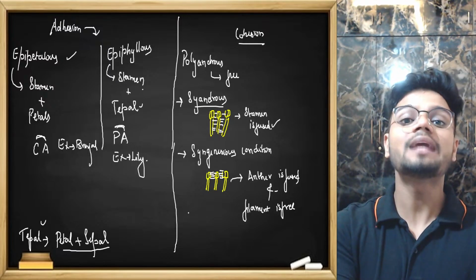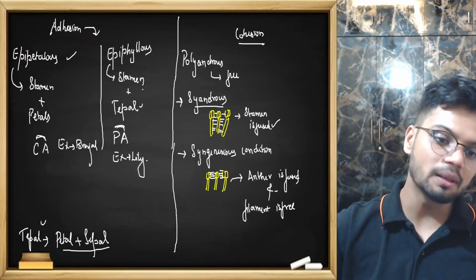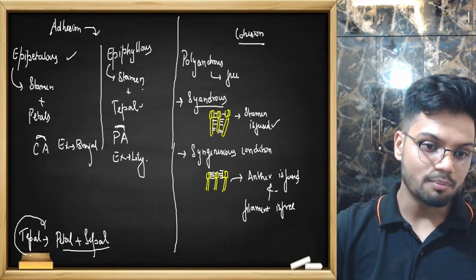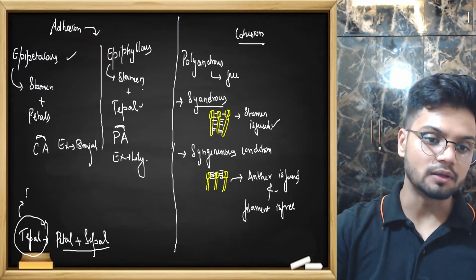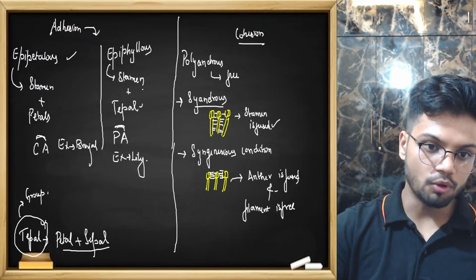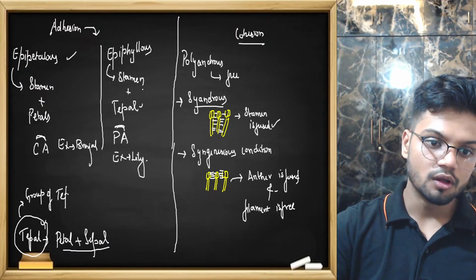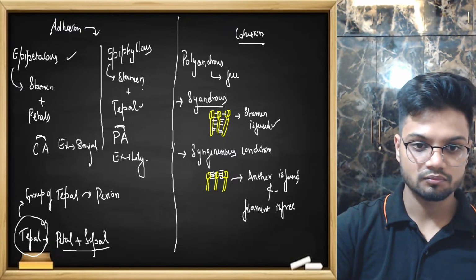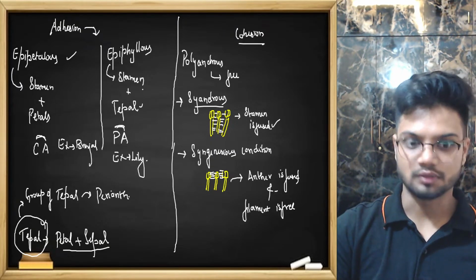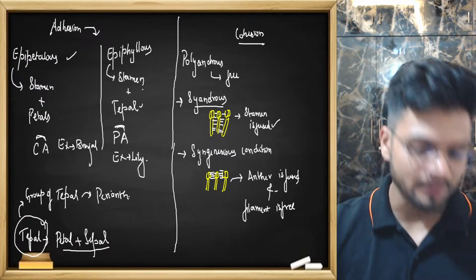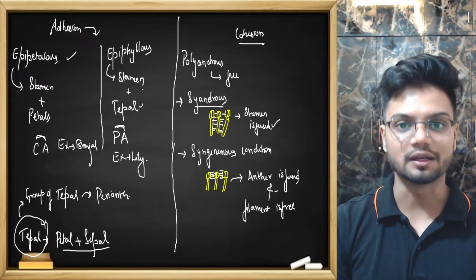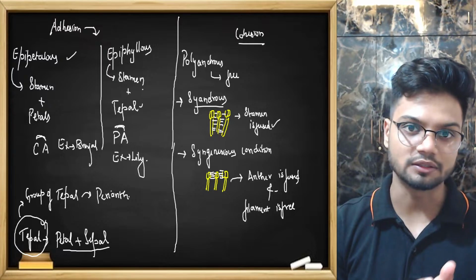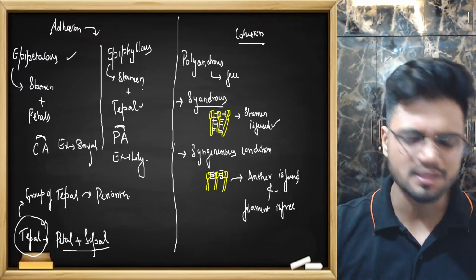Similarly, group of tepal is called perianth. Clear? That is the meaning of perianth. Collectively, it's called perianth. Okay, very simple to understand all this.